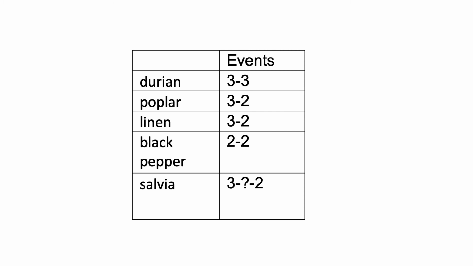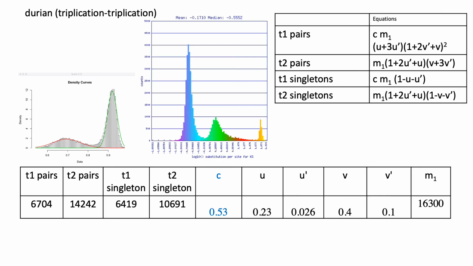Now I'd like to talk about 5 plants that we've analyzed, among many others, which have different histories. So the durian has had a triplication followed by a triplication.